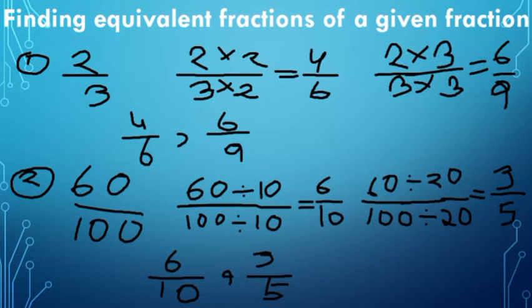Now let's see how to find an equivalent fraction of a given fraction. See, here 2 by 3 is written. With 2 by 3, you can multiply both numerator and denominator by any number. But I would recommend you to start from 2, because it will be easier to multiply. So 2 by 3, 2 into 2 by 3 into 2, you get 4 by 6. And now for 2 by 3, after 2 you will take 3, and the next number you will take is the next number after the one taken.